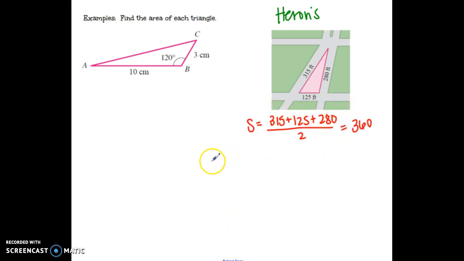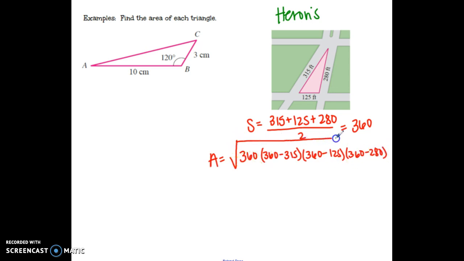The nice thing about this formula is now it's really just plug and chug. So the area is the square root of the semi-perimeter, 360, times 360 minus 315, times 360 minus 125, times 360 minus 280, and we're taking the square root of that entire product.